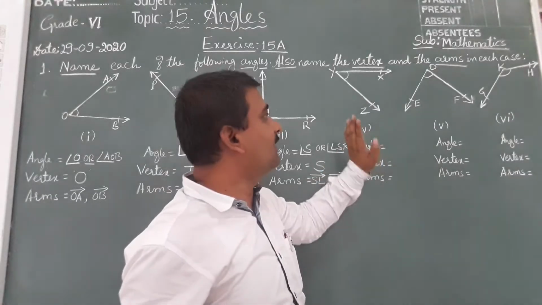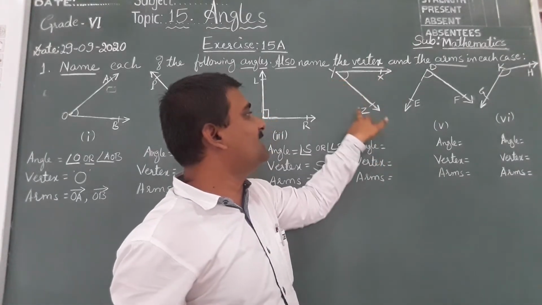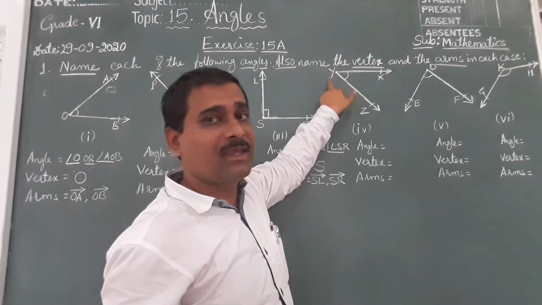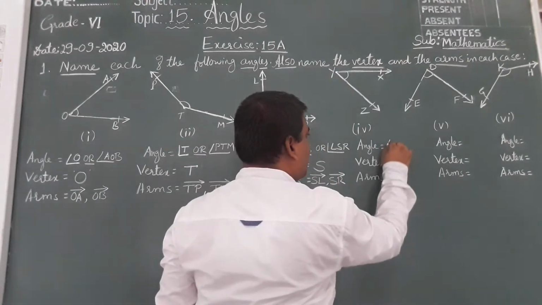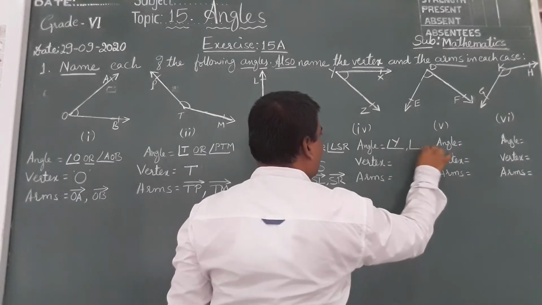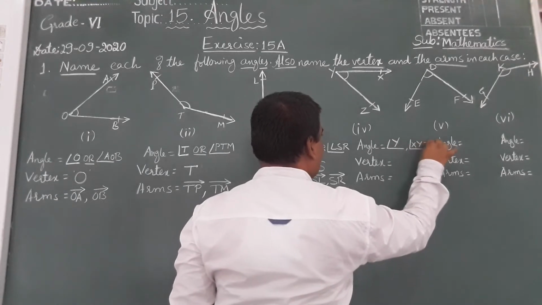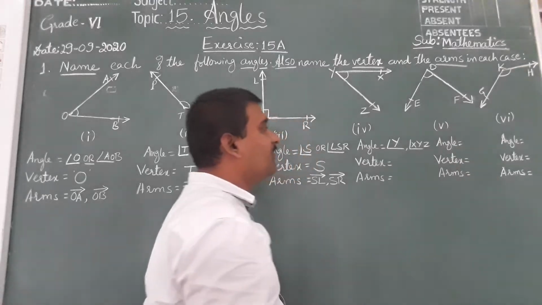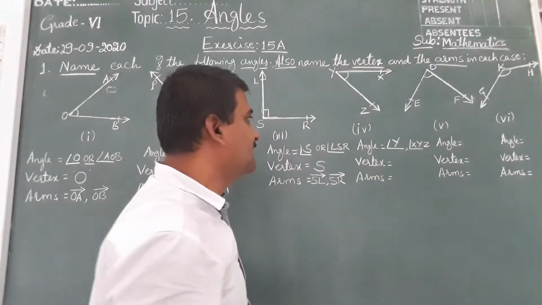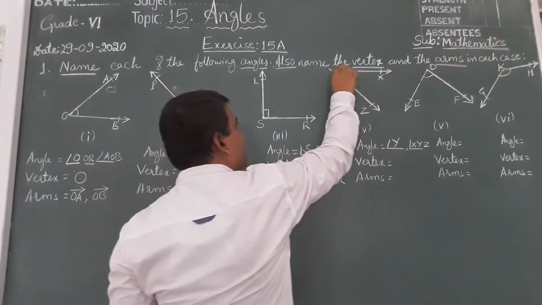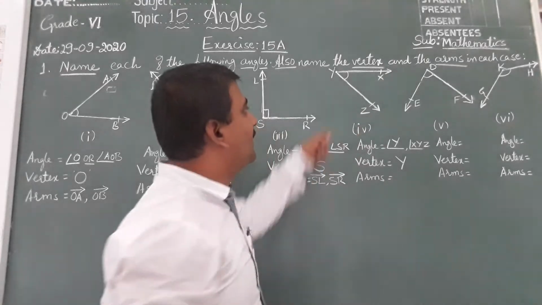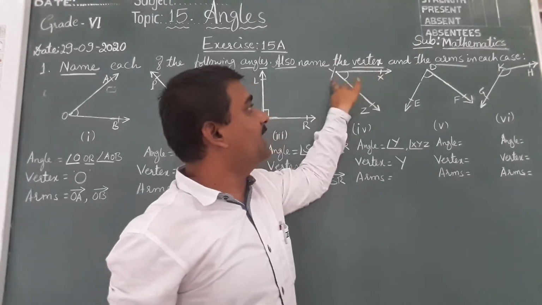Okay, fourth angle is XYZ, where the angle is created at Y. Angle is created at Y, angle Y, or you can write angle XYZ, or you can write angle ZYX. And the angle is formed at Y, also vertex is Y. Arms are YX, don't write XY.